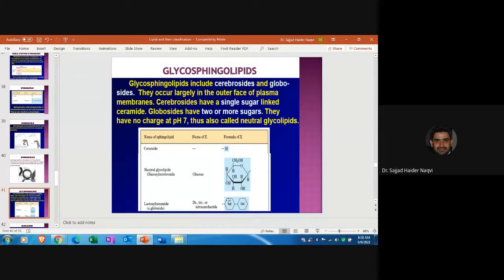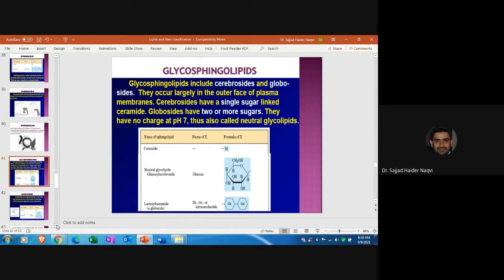So here is the molecule of the globoside where you have got two or even more than two sugar moieties attached. They have no charge generally at the pH 7, and that's why we classify them as neutral glycolipids. So at a normal pH 7, they are not charged, so they are being classified as neutral molecules without having a charge.